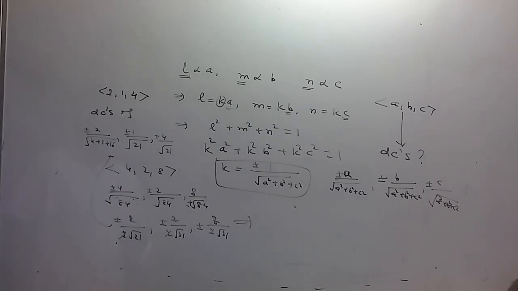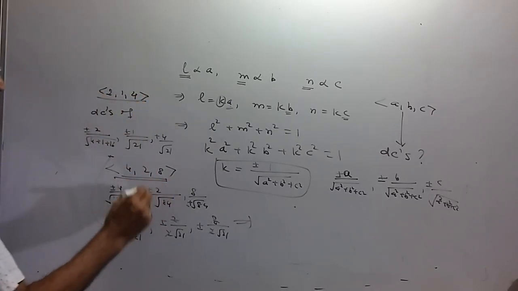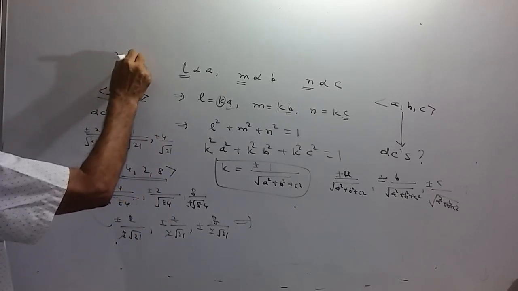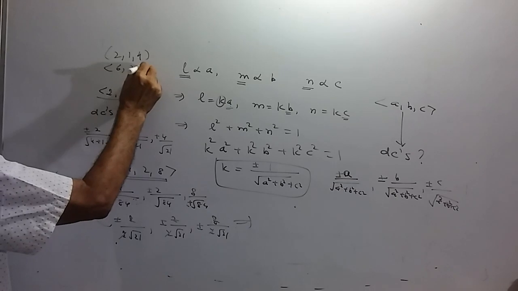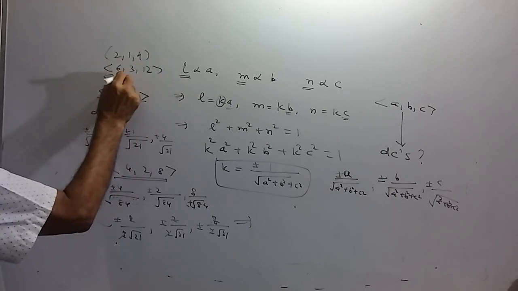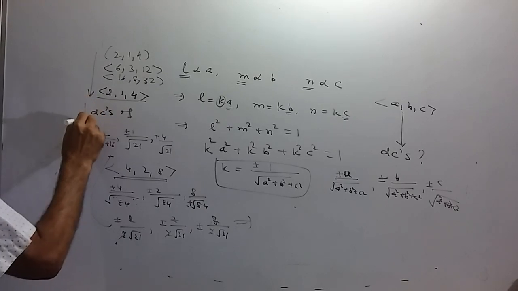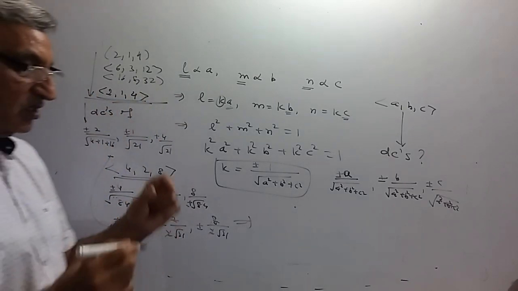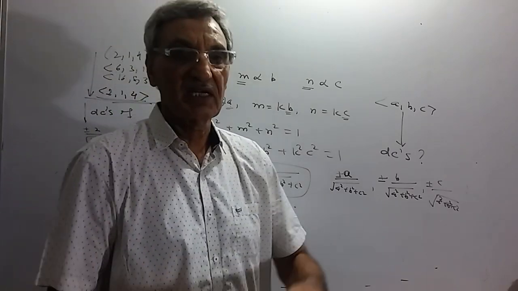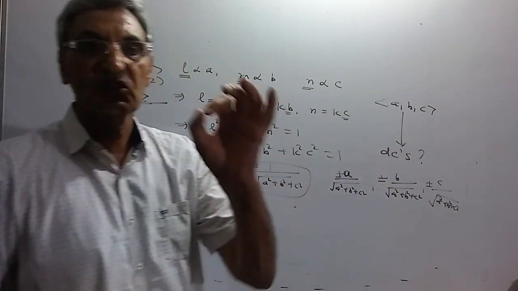My conclusion is that the direction ratios of a line can be many. They can be infinite. One can be 2, 1, 4, another can be 6, 3, 12, or it can be 16, 8, 32. The ratios of a line can be infinite, but when you find the direction cosines, they are unique.